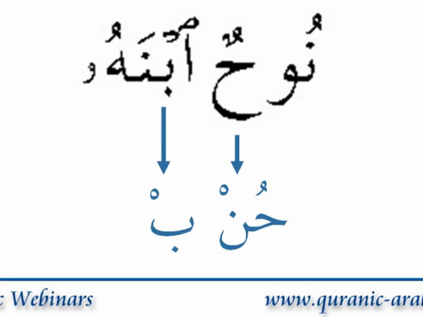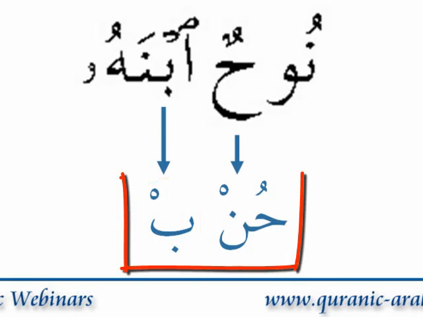So essentially, we start with the ba, which is also sakin. Again, we show this with the round circle in the computer font. So we end up with the hun from the first word, which ends in sakin, and the ba in the second word, which effectively is starting with a sakin.